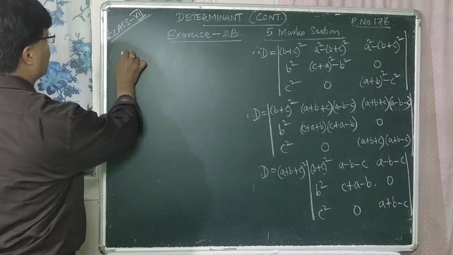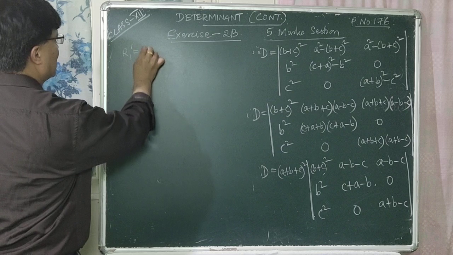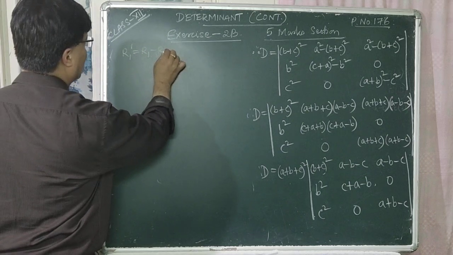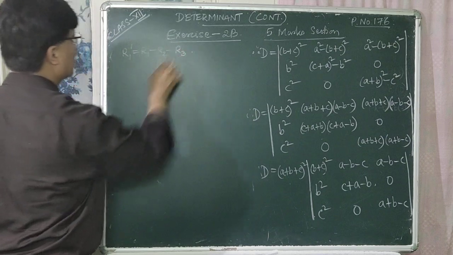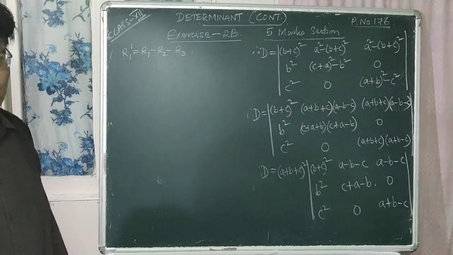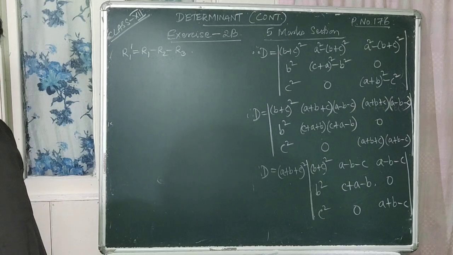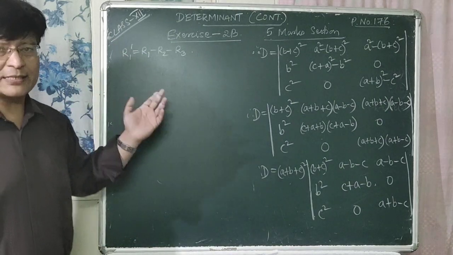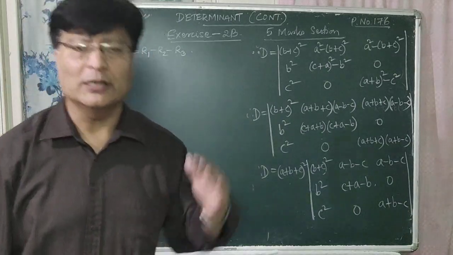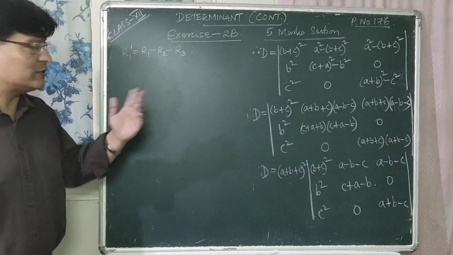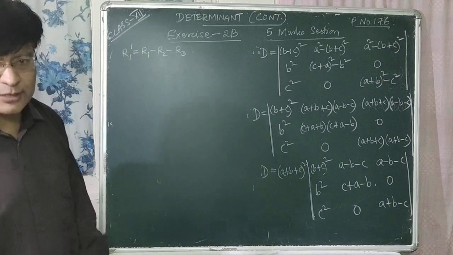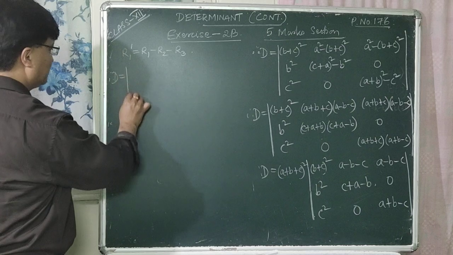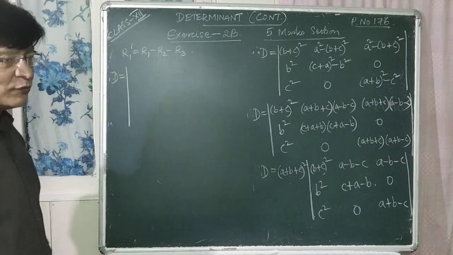So let us write down R1 dash is equal to R1 minus R2 minus R3. You can add all those rows, or you can subtract it, R1 dash is equal to R1 minus R2 minus R3. Now row 1 is changing. How does it change? It is R1 minus R2 minus R3. So now, therefore D is equal to, now what will be the new first row?